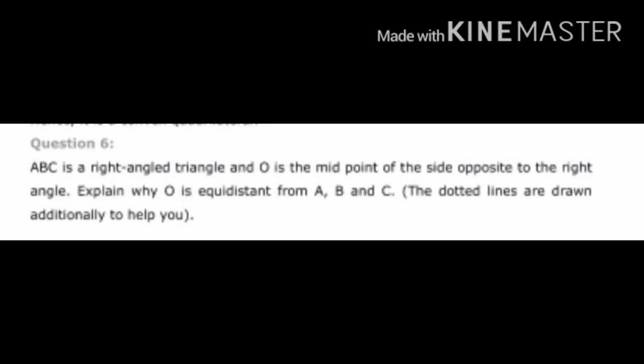Clear? Now the solution will be, first of all you will have to draw lines AD and DC such that AD is parallel to BC and AB is parallel to DC.